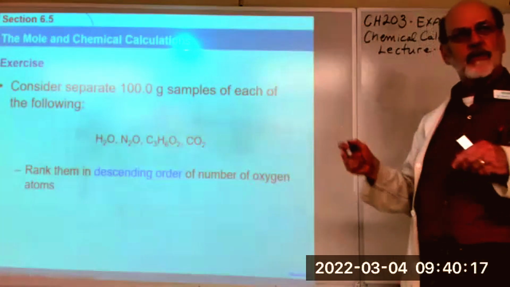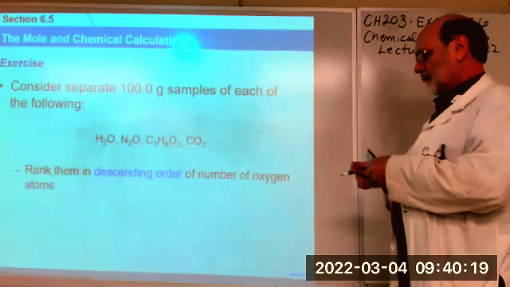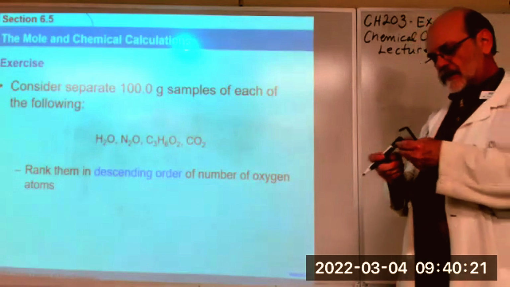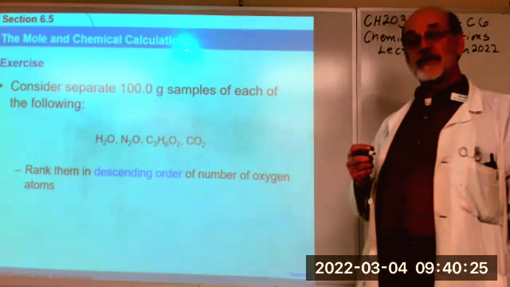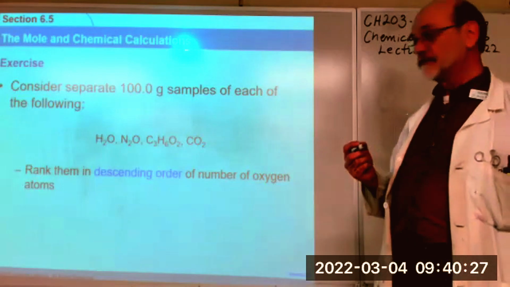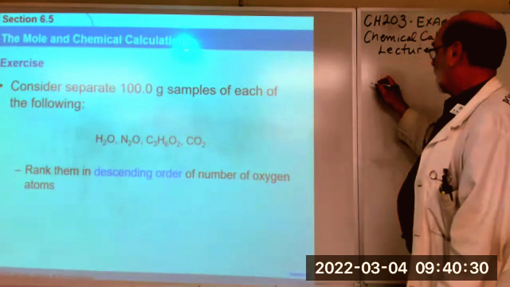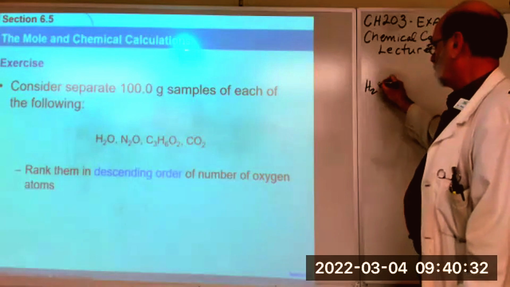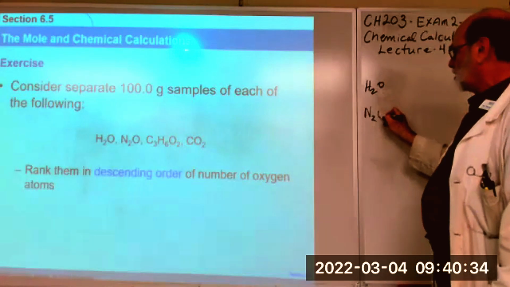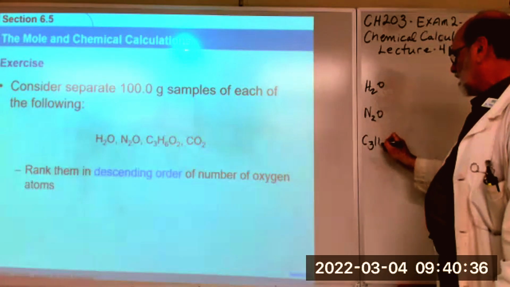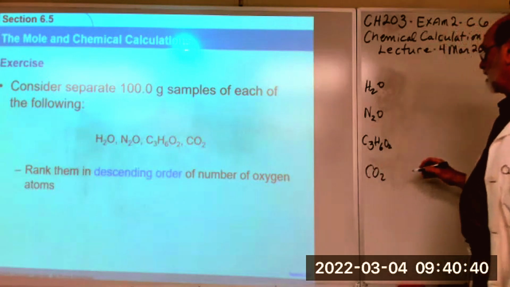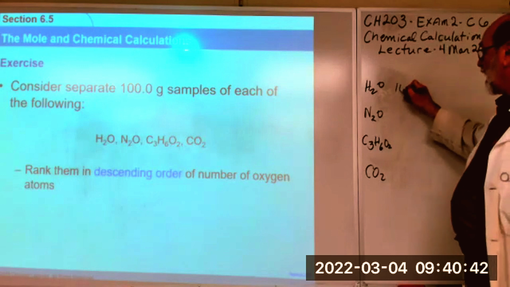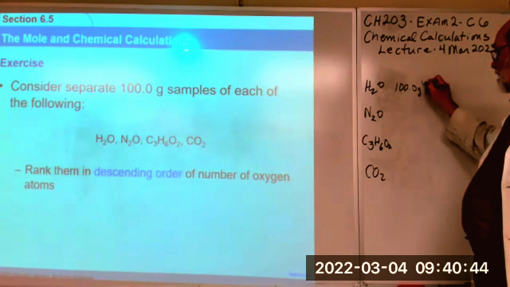So in order to solve this problem, I channel the ghost of Henry Ford. Set up an assembly line. If you have water, nitrous oxide, C3H6O2, and CO2, and you have 100 grams of each one.